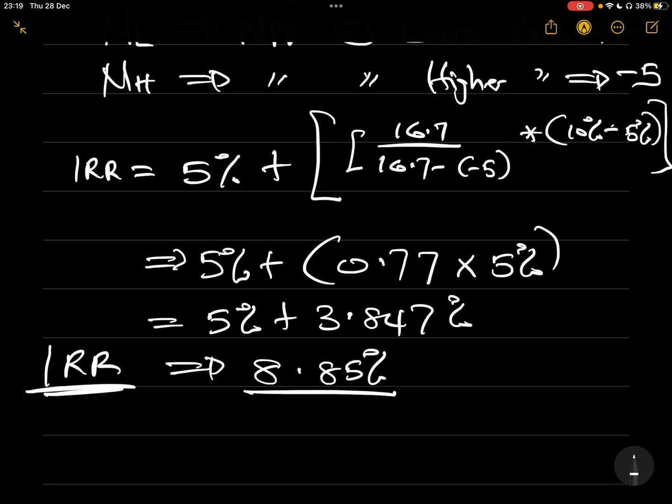That's what IRR is telling you: it's the maximum cost of capital, a rate that makes the present value of all the cash flows equal to zero. So when you add the PV of outflows and inflows together, the discounting rate that makes them come to zero is your IRR. That is IRR simplified for you.